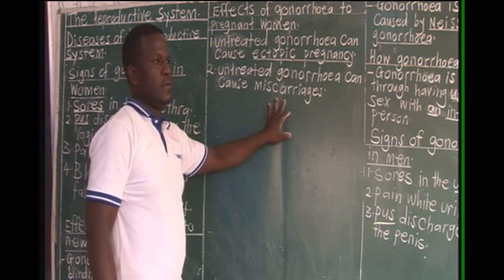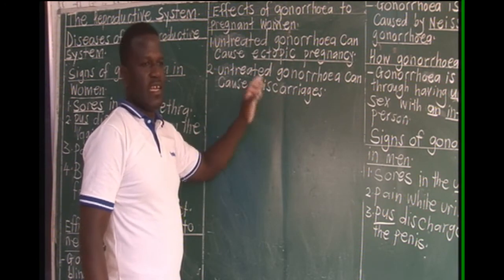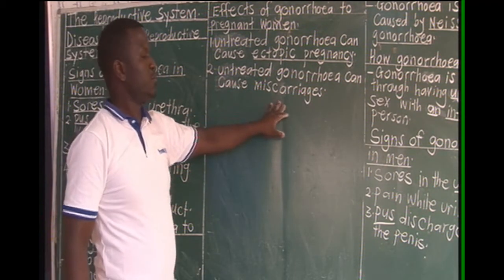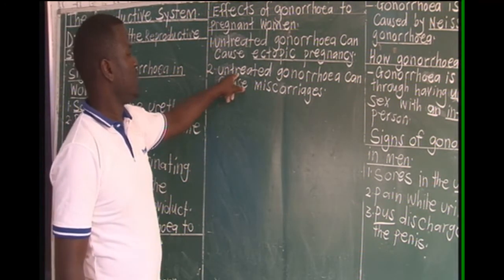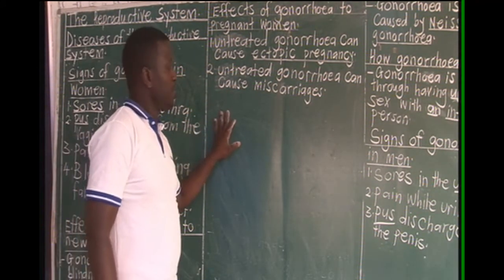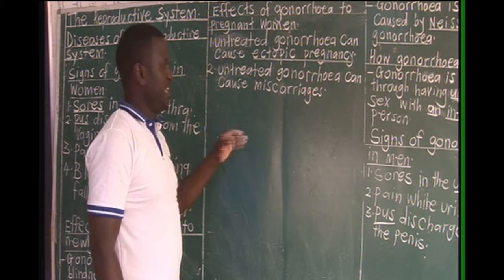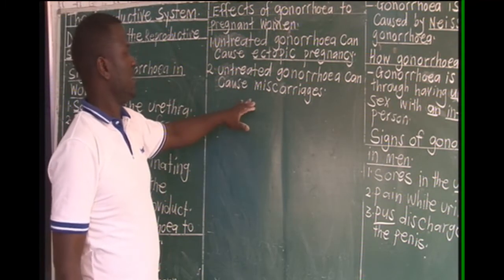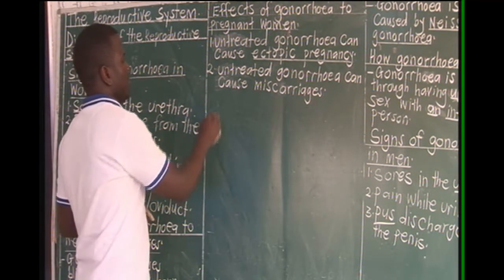Miscarriage is when a woman is pregnant, the fetus or the embryo is expelled from the uterus, and the pregnant woman loses the pregnancy. We have so many causes of miscarriages, and untreated gonorrhea is one of them. There are women who become pregnant, then after some time they lose their pregnancy. The fetus in the uterus is expelled out. That is a miscarriage, and untreated gonorrhea can be a cause of miscarriages.